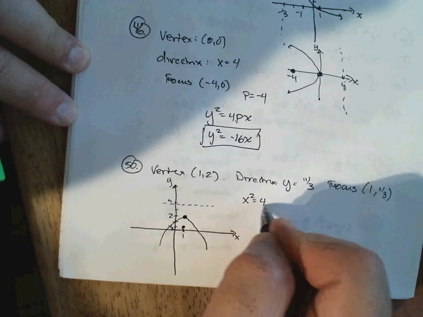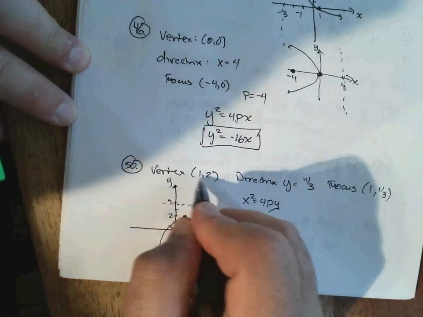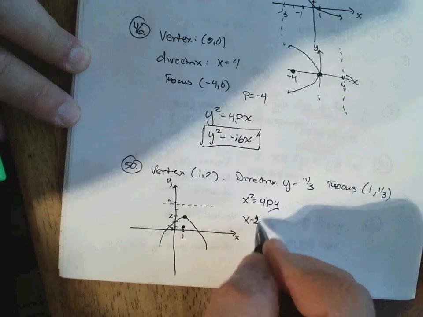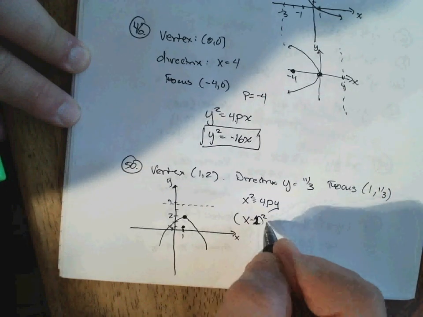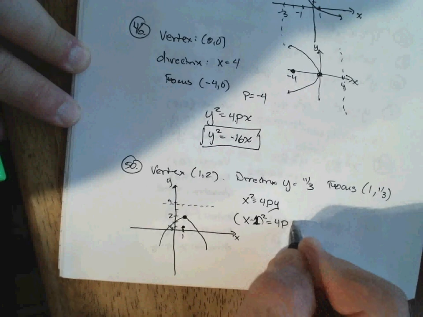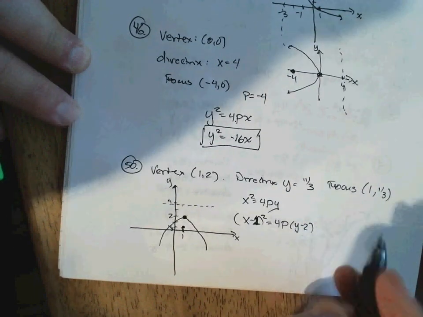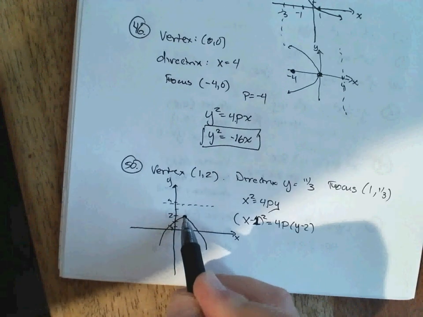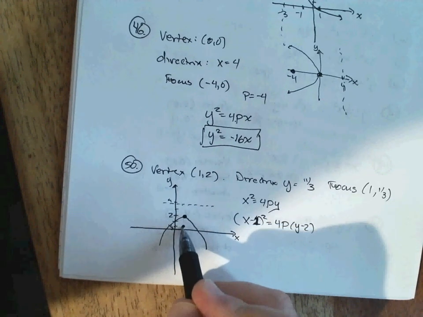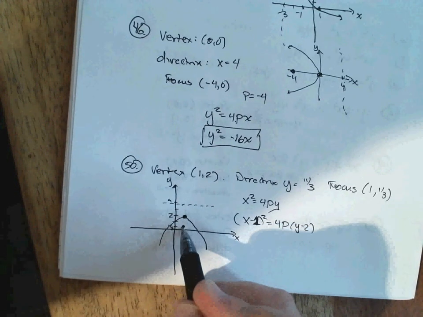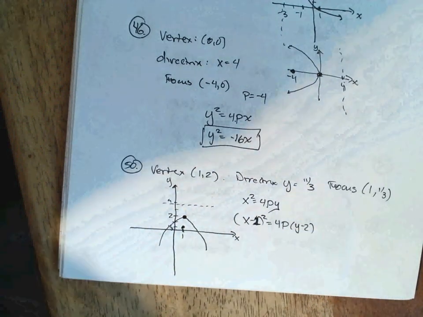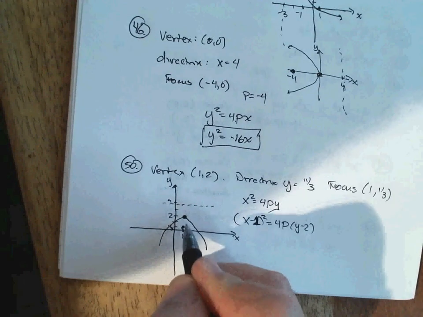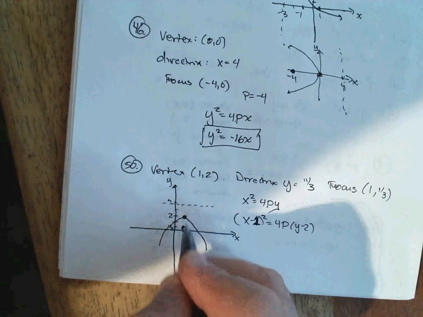So that is an x squared form because it's an up-down parabola. Okay? We have shifted the center, so we know that it's x minus 1 squared equals 4p times y minus 2. And the value of p, that's the distance from the vertex to the focus point. We're going from a height of 2 to a height of 1/3.